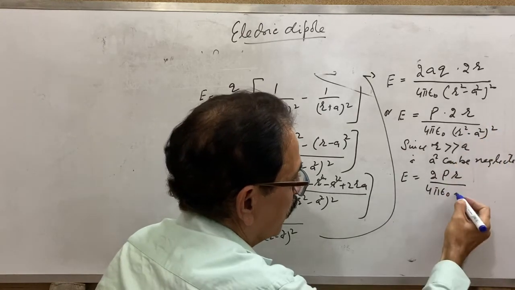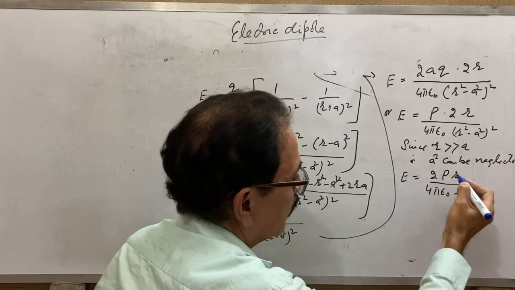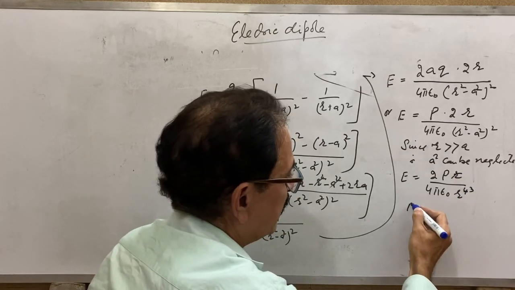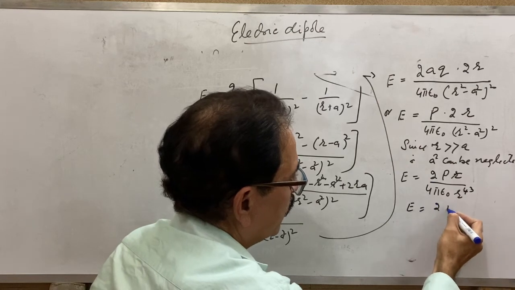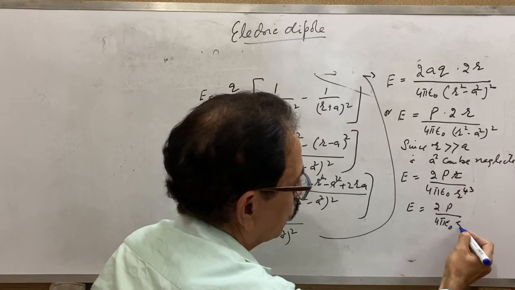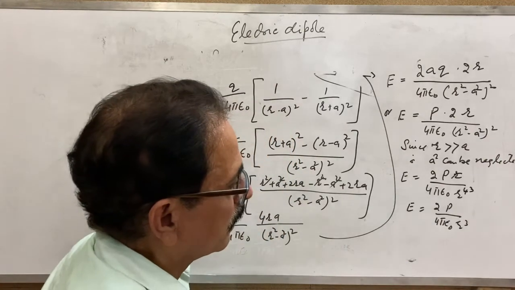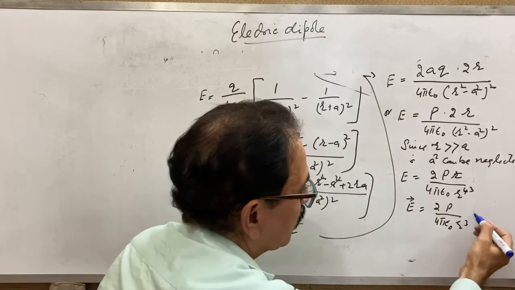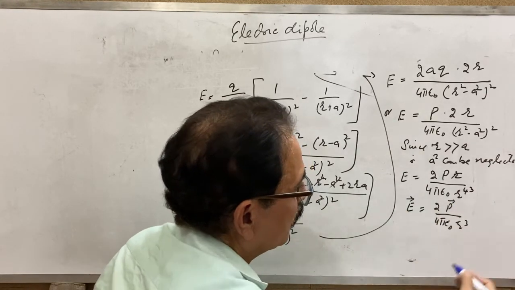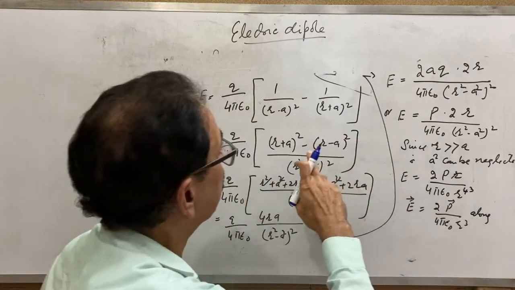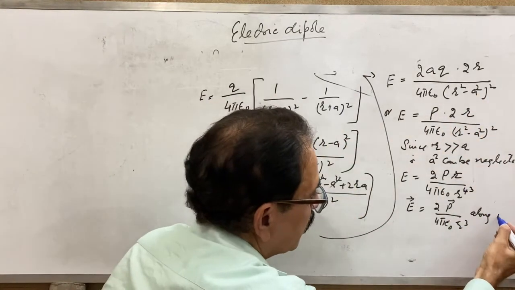This will become only R power 4. This R and one R will go, here 3 will remain. That means E is equal to 2P divided by 4 pi epsilon naught R cube. If we show the vector, E vector will be here, this will also be the direction, and the total electric field intensity will be along BP.